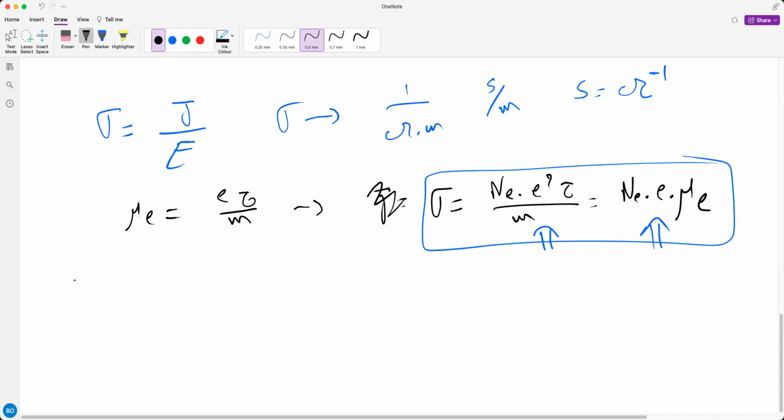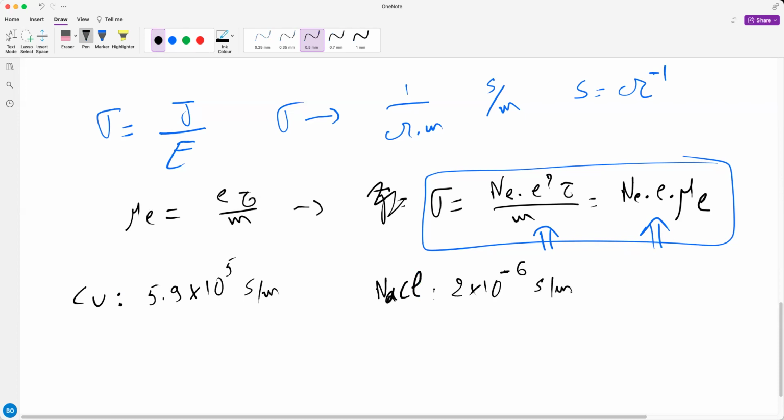So the conductivity of copper, just to give you an example, is 5.9 times 10 to the power of 5 Siemens per meter. The conductivity of salt, NaCl, is 2 times 10 to the minus 6 Siemens per meter.